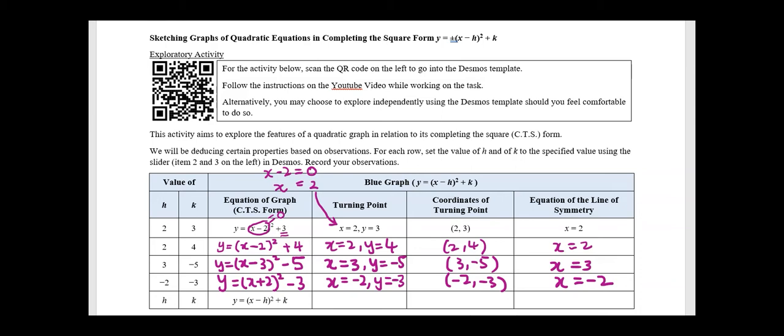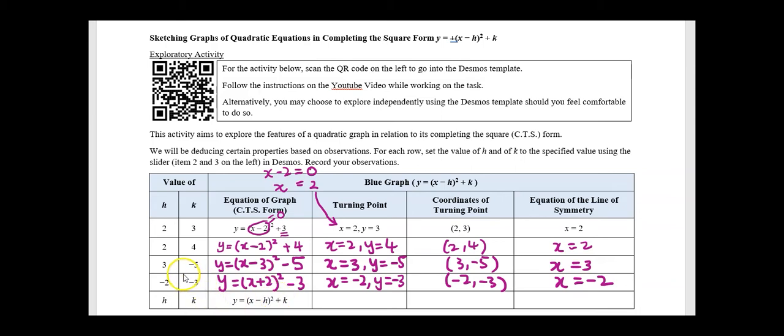Okay, so one thing to note at this part over here, for the values of h and k to be -2 and -3, is just be really careful when you substitute h equals -2 into the completed square form. It becomes x minus -2, so that results in it being x plus 2. Otherwise, the rest of things should follow.